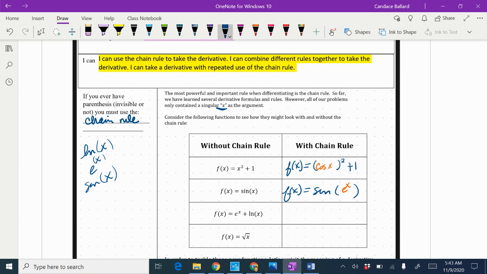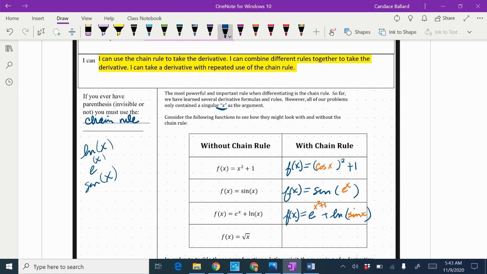Let's look at the next one. So f of x equals e, instead of writing x, I'm going to write x squared plus 1. And then instead of writing just the natural log, I am going to write sine x. So do you see how the inside function is different than the outside function?